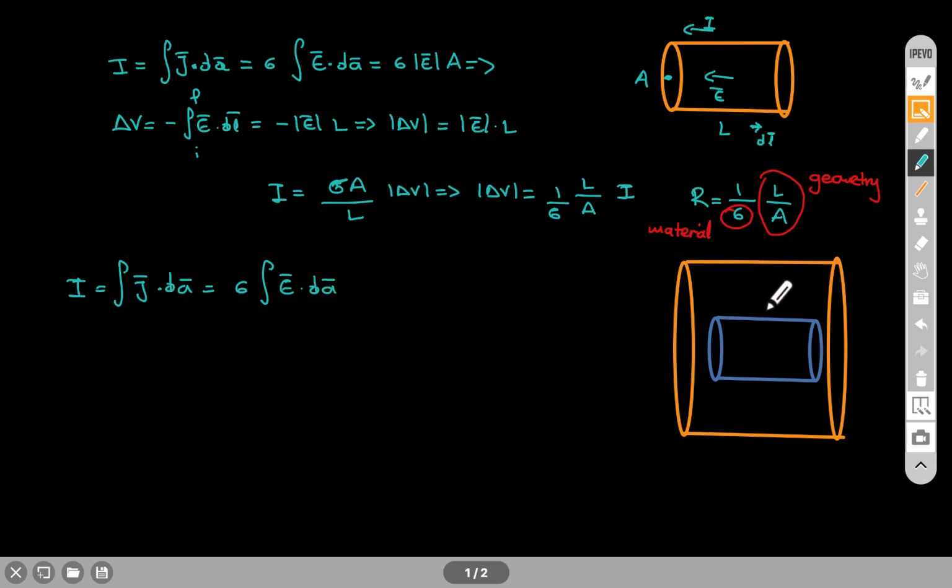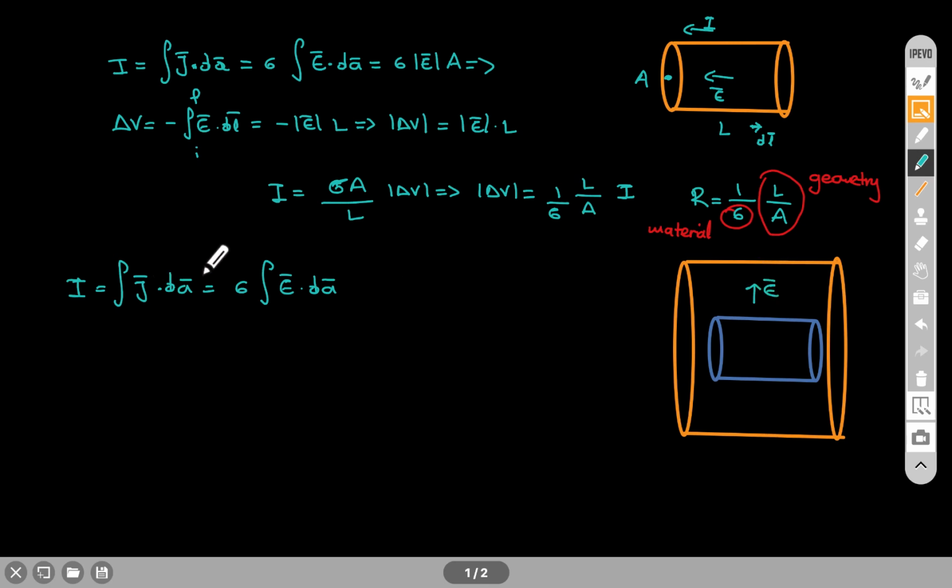Now in this case though, the current and the electric field is not flowing in this direction. What I have here is I maintain some charge, let's say it's line charge density or charge per unit length on the cylinder, and then I create an electric field not in this direction but rather in this direction.